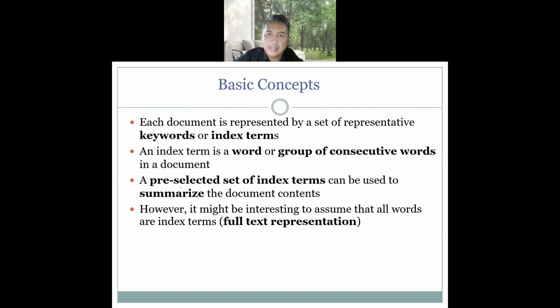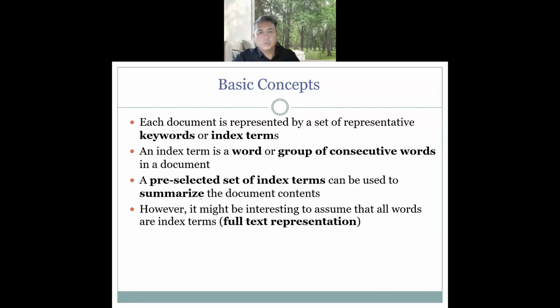A pre-selected set of index terms can be used to summarize the document content. Which means that if you have one document, you will not use all the terms that exist in that document. You will be very selective in finding which are the most important index terms that can be used to summarize the document.